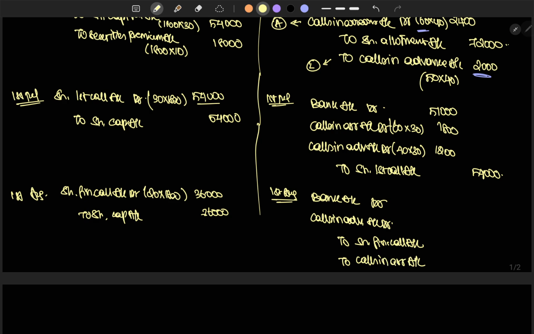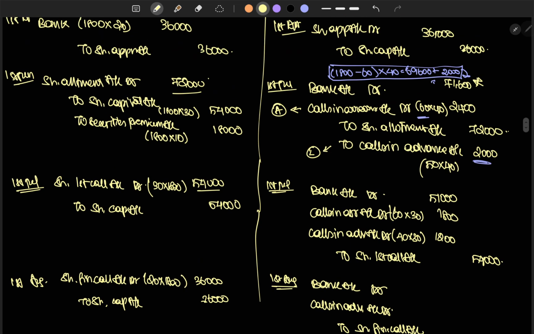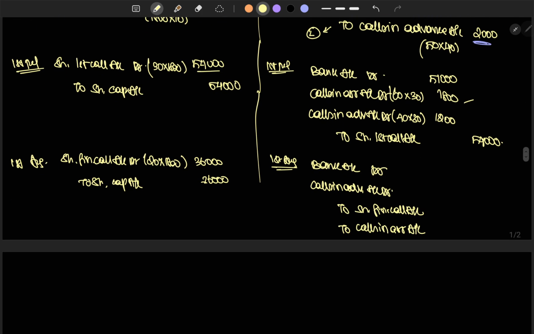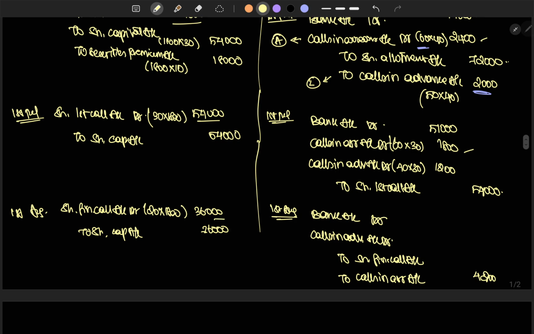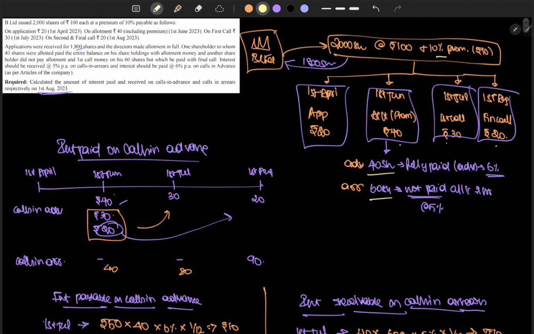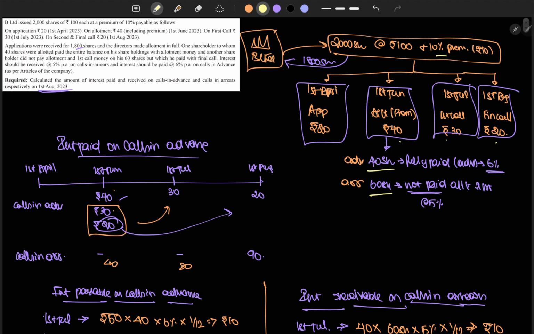So how much has been accumulated to the balance of calls in arrears? 1800 and 2400, which is 4200 is calls in arrears. Share final call. How much is the share final call? 36,000. Okay, calls in advance. What's the calls in advance balance which has to be adjusted here?